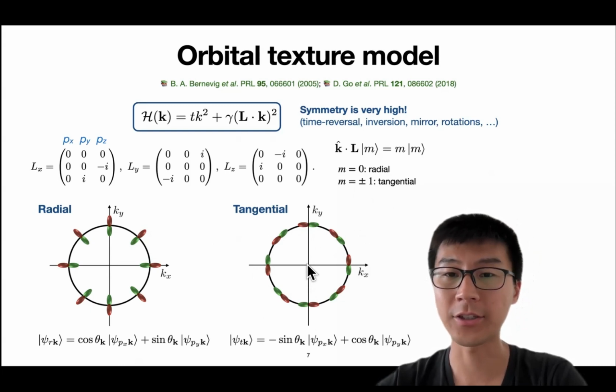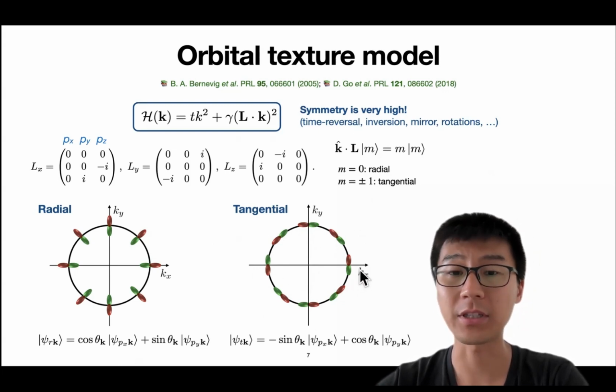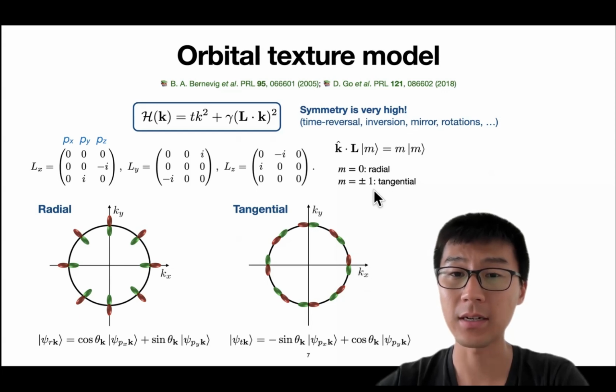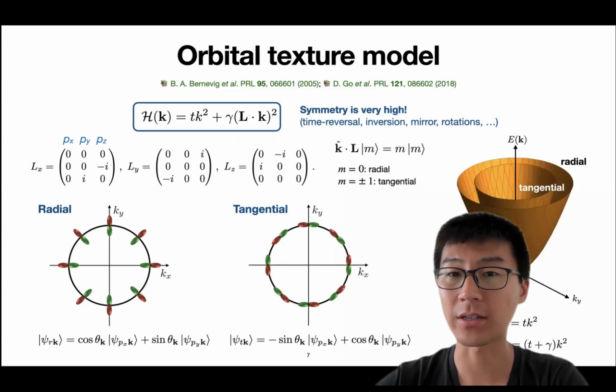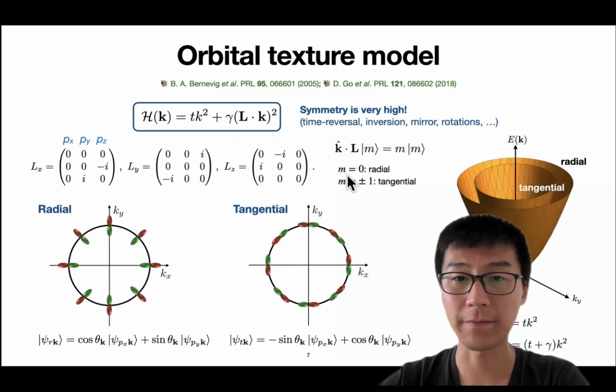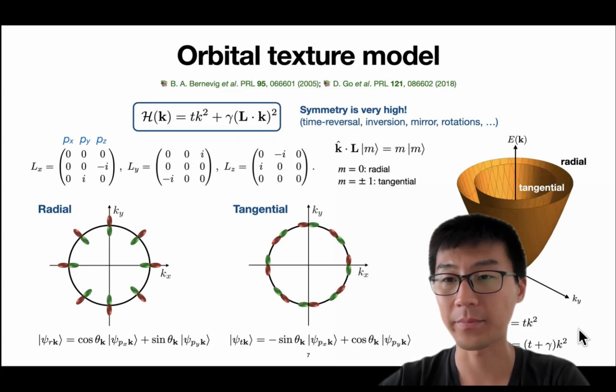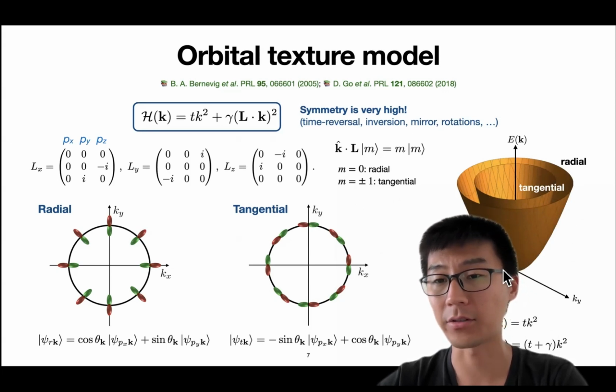The other tangential state, which is not shown in this kx, ky plane, is pz. Please remember that pz is another tangential state here. These radial and tangential states are energetically split because of different quantum numbers, and therefore they have different quadratic splitting with respect to k. So there is one radial and two tangential states. The dispersion looks like this.